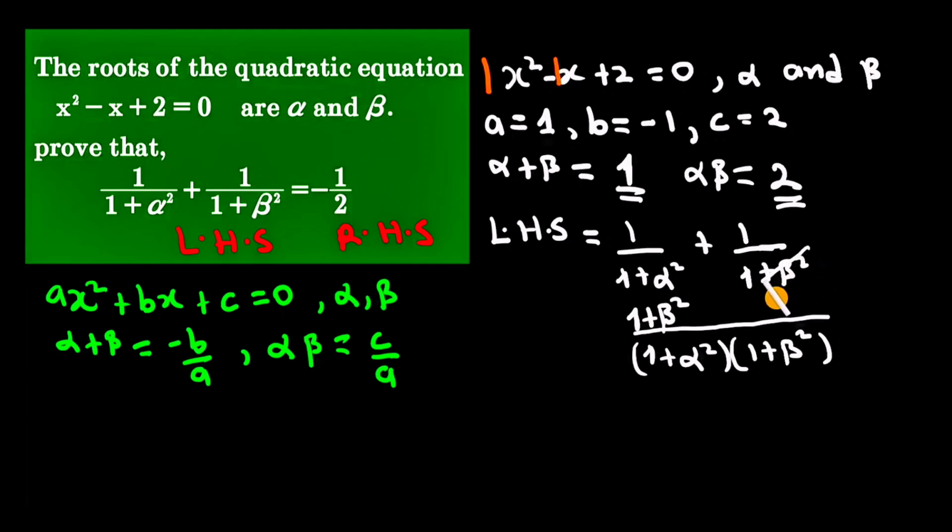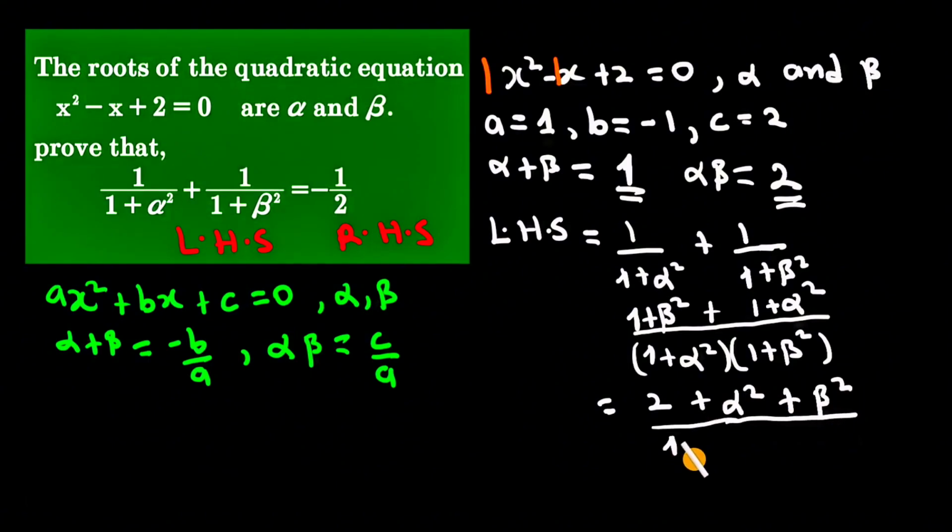Now 1 plus beta squared will cancel out here and I will be left with 1 plus alpha squared. 1 plus alpha squared times 1 is plus 1 plus alpha squared. That means this is equal to 1 plus 1 is 2 and then plus alpha squared plus beta squared all over 1 plus alpha squared times 1 plus beta squared.